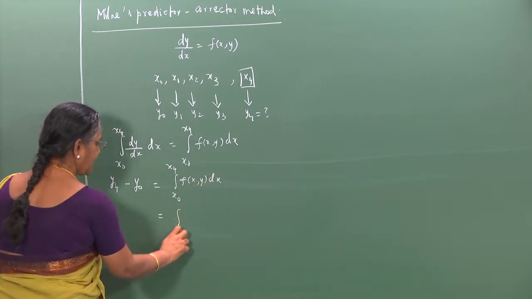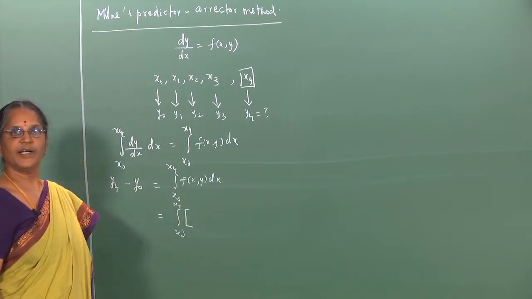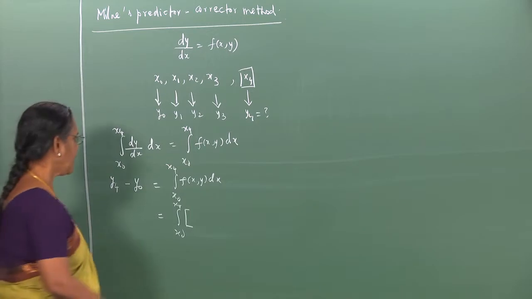We approximate f of x comma y by Newton's forward interpolation polynomial.